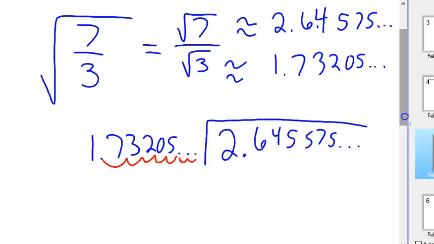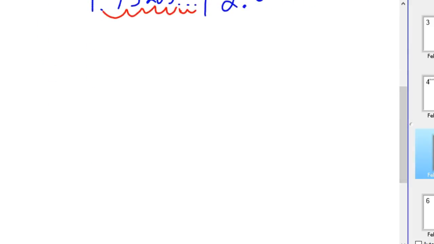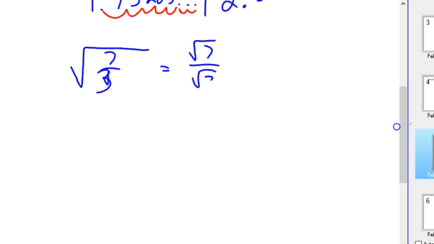So what we do instead is a process called rationalization. We're going to rationalize that denominator so we don't have a decimal to do at the bottom. So we've got the square root of 7 over the square root of 3, which is the square root of 7 divided by the square root of 3.